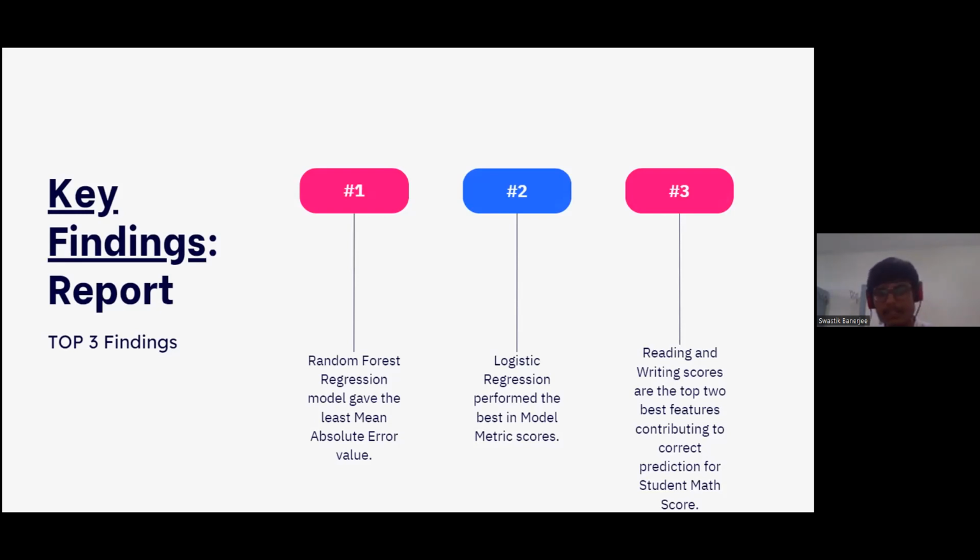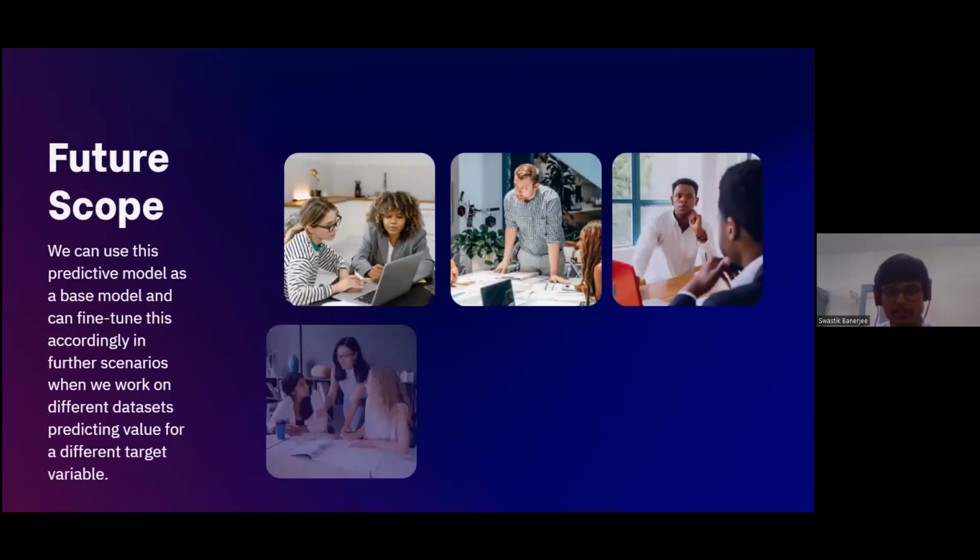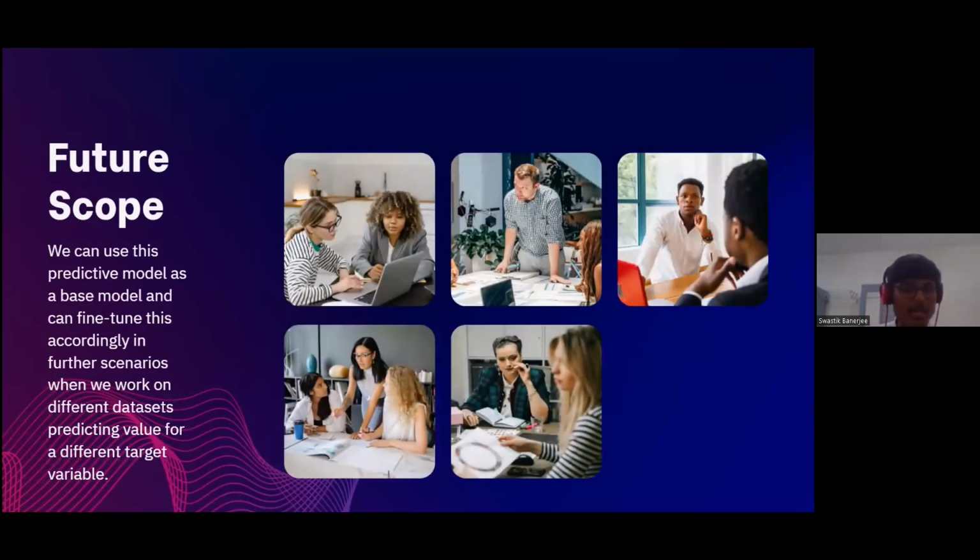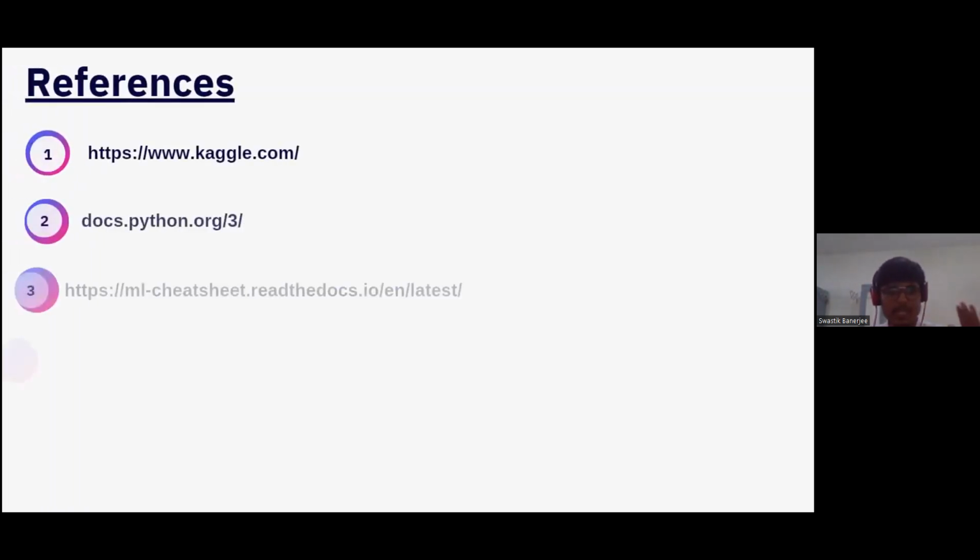These are the key findings from our project. For future scope, we can use this predictive model as a base model and also fine tune it for different data sets. These are all the future scopes that I have.